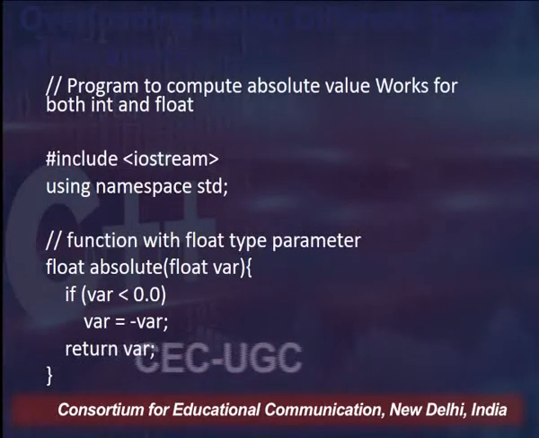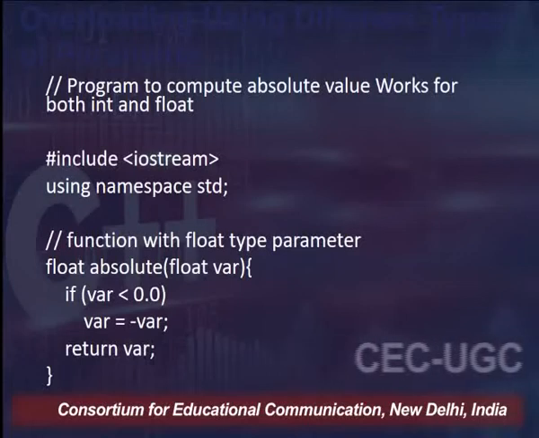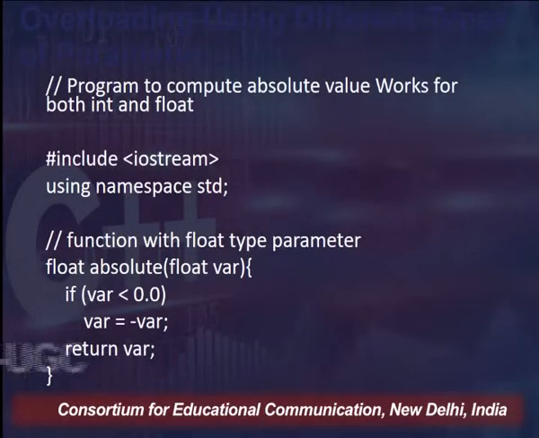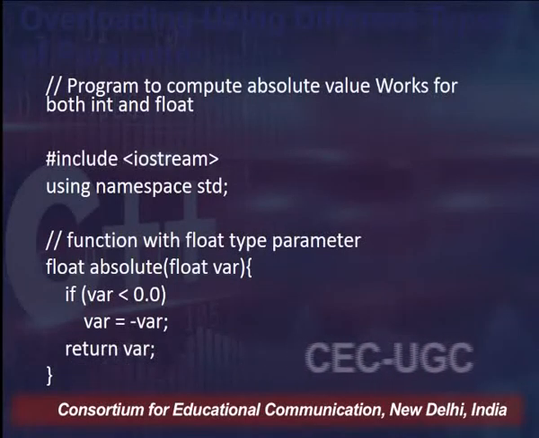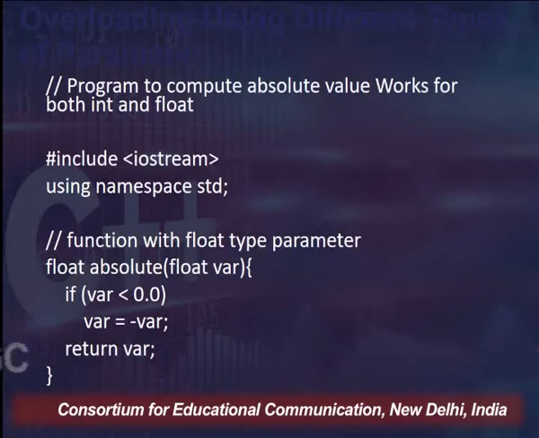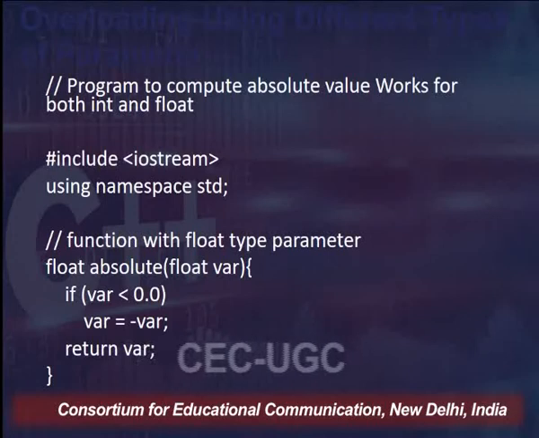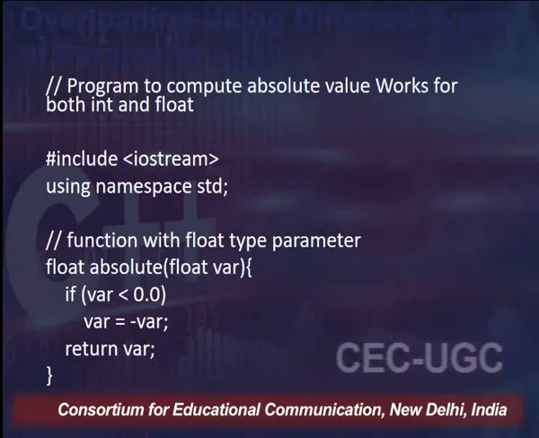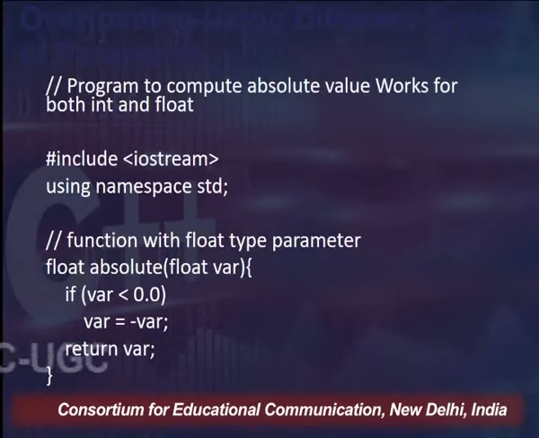In this function, what is being done? This is a program to compute absolute value, and it works for integer as well as float parameters. We calculate the absolute value of an integer as well as of a float, and the name of the function is absolute only.